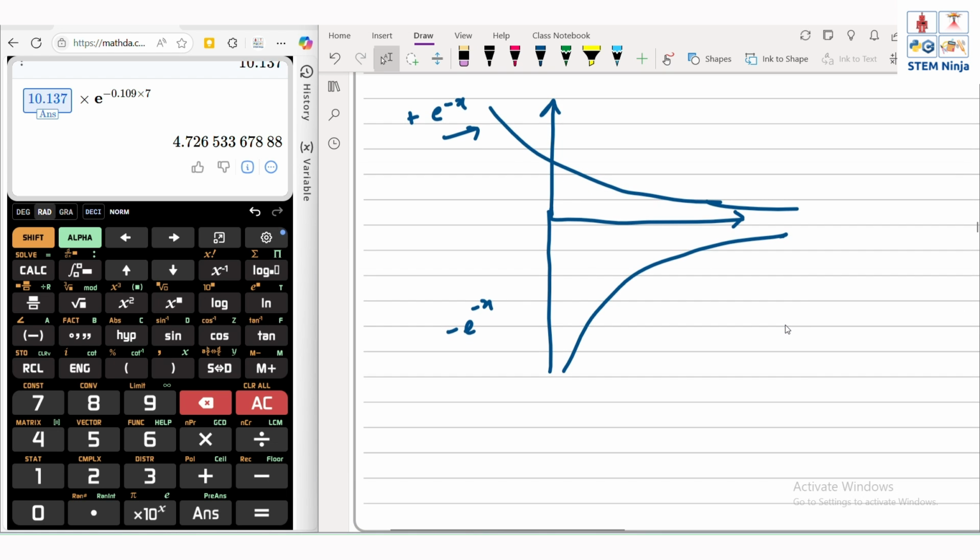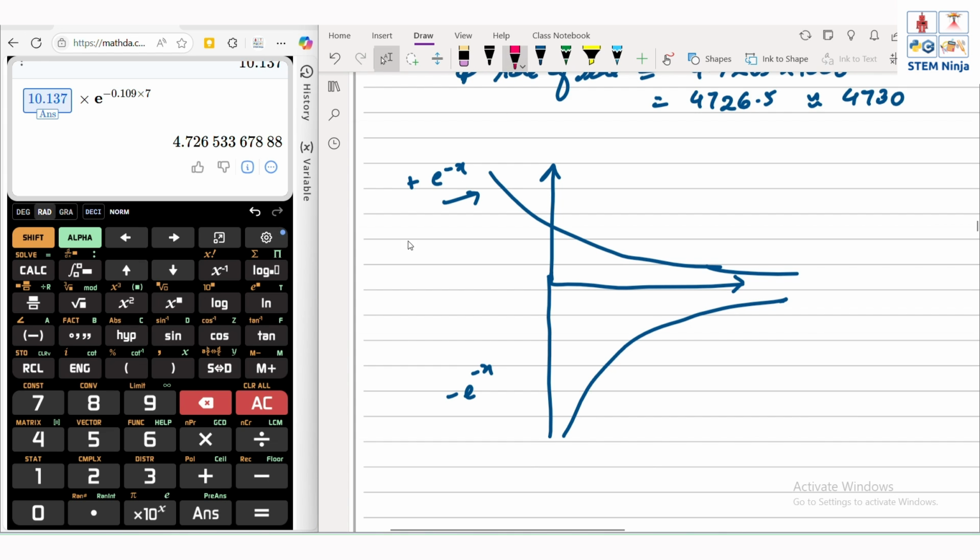Furthermore, if you do 125 plus that, it would be somewhere over here like this, where the maximum capacity would be 125. So this model cannot even go to 150,000.